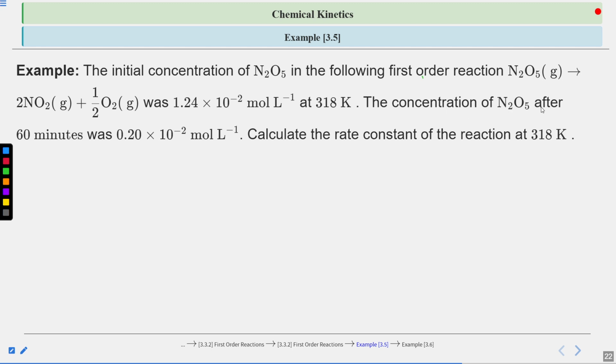The concentration of N2O5 after 60 minutes was 0.20 times 10 to the power minus 2 mole per liter. Now calculate the rate constant of the reaction at 318 Kelvin. So this is the example where the initial concentration of N2O5 is given and the reaction is also given following the first order reaction.